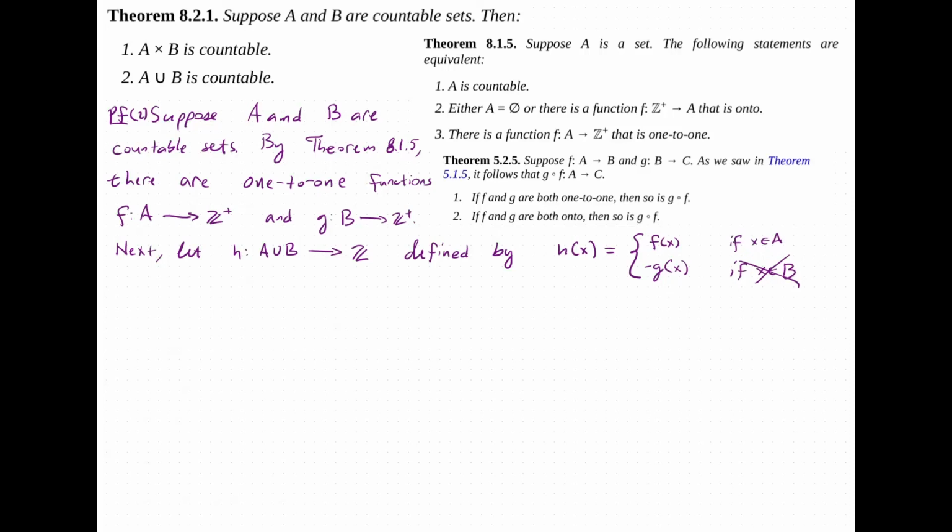So we're going to write here, if x is in B minus A. That guarantees that x is in B, but not in A, which will make h a function, since now every input will have exactly one output. So that's our function h. We claim that h is 1 to 1.